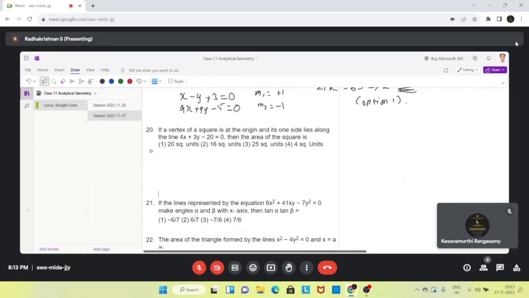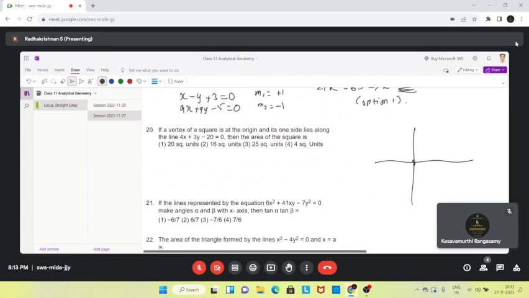Next problem. If a vertex of a square is at the origin and its one side lies along the line 4x plus 3y minus 20 equal to 0, then the area of the square is. Vertex of a square is at origin and one side lies along the line 4x plus 3y minus 20 equal to 0.